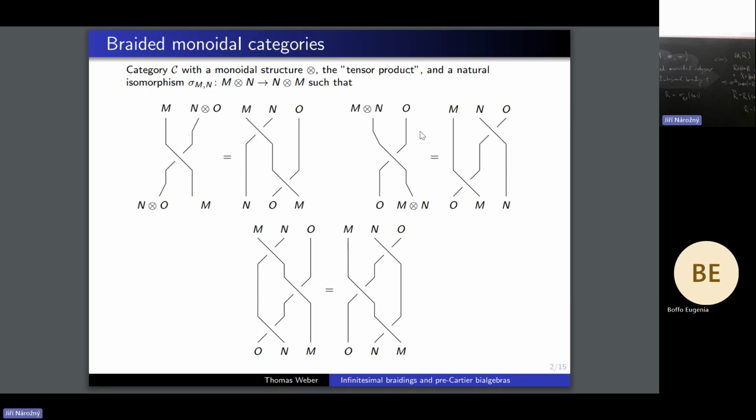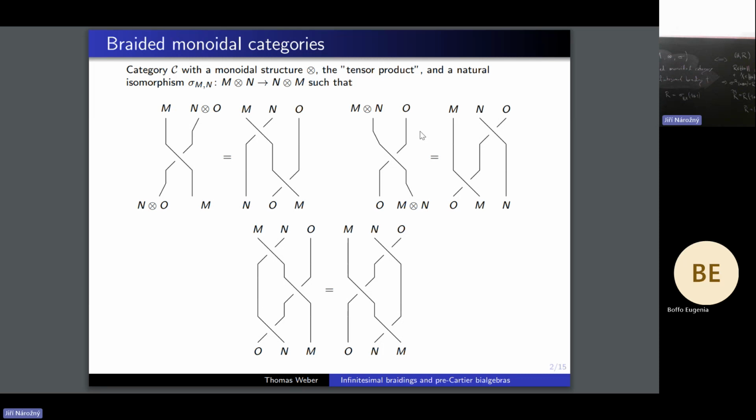So here, this is what a braiding is. Just a quick slide with pictures. I hope that all of you know what a monoidal category is. It's just that you have some tensor product that has all the properties that you know from the tensor product of vector spaces.